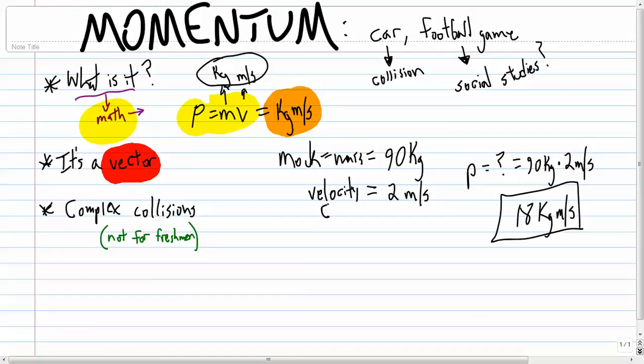We could say that I'm going east. So that would mean my momentum is 180 kilogram meters per second to the east. So maybe I should redraw that box. The direction of an object's momentum matters, because it is a vector.